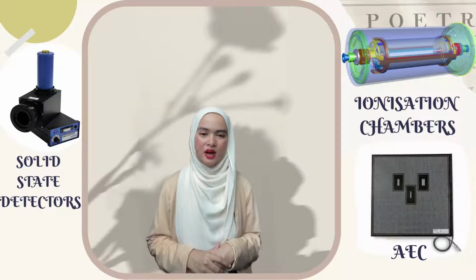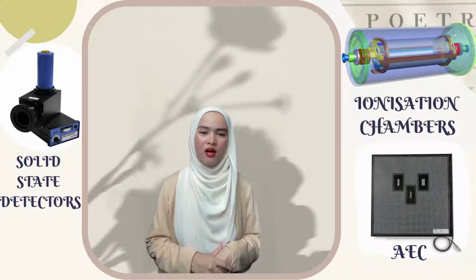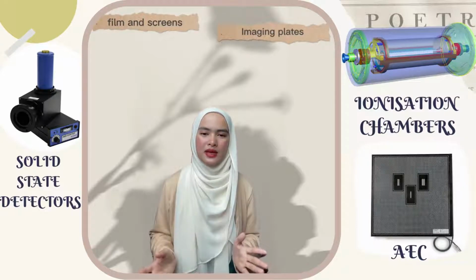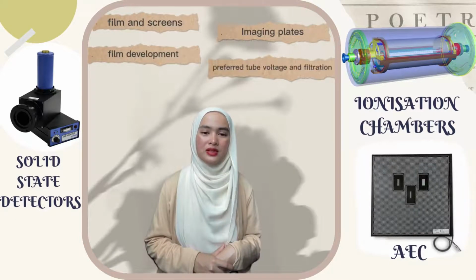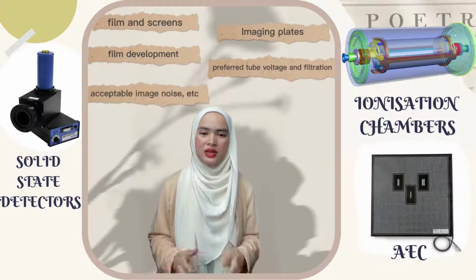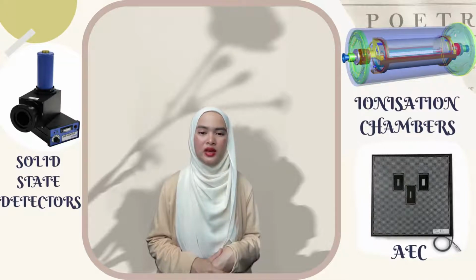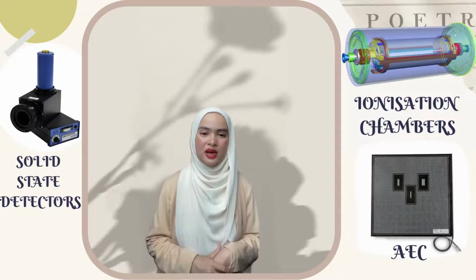On installation of a radiographic unit, the dose levels are set, taking into consideration all the components of the imaging chain, for example, film and screens, imaging plates, film development, preferred tube voltage and filtration, acceptable image noise, etc. This process needs to be carried out for all tube voltages, image receptors, and examination types in question.